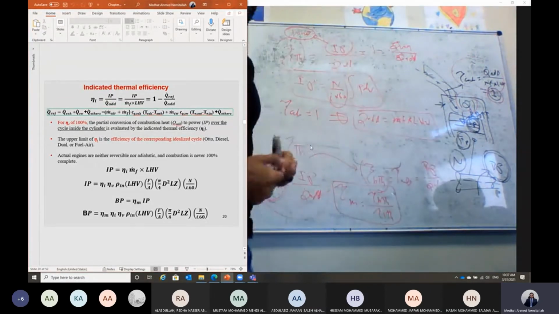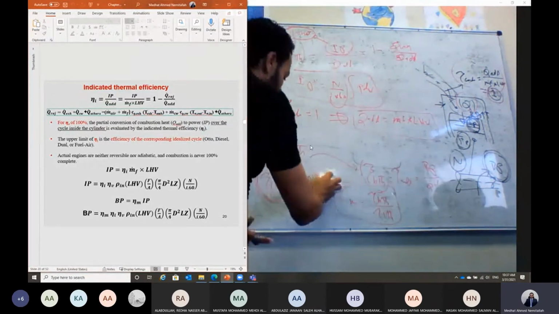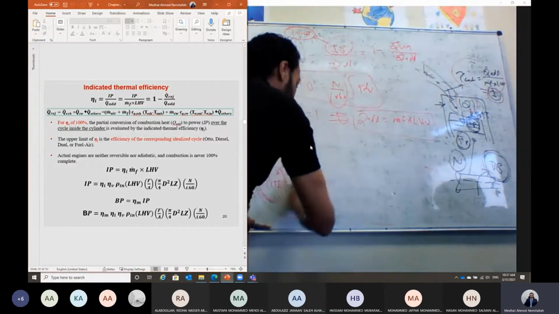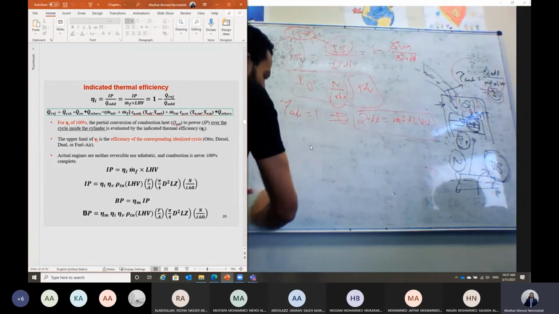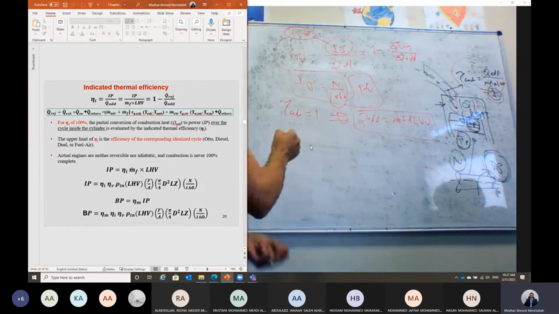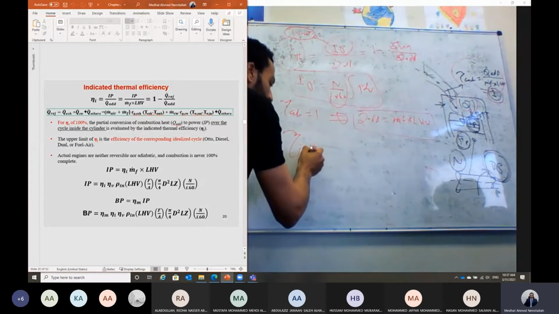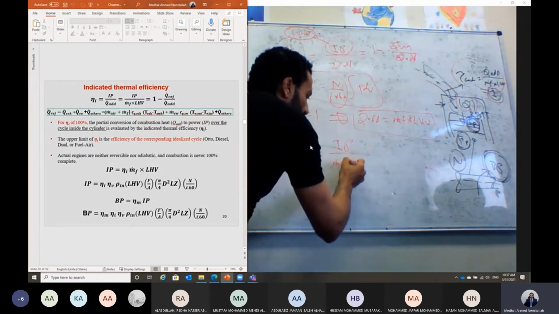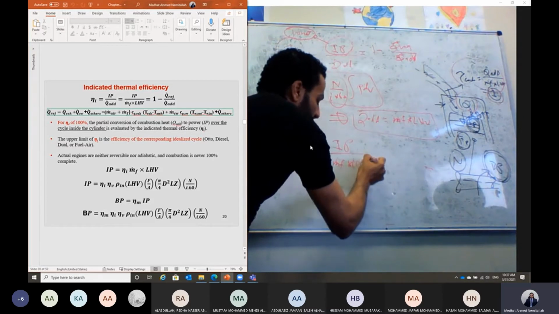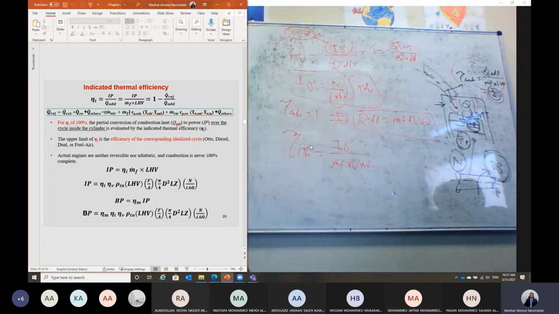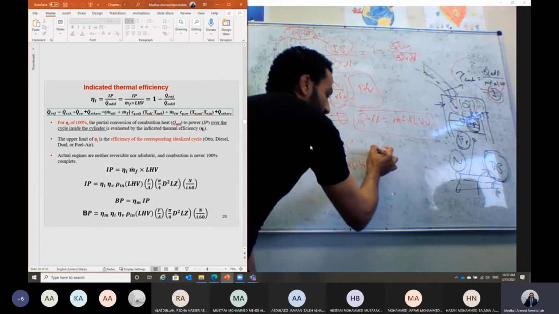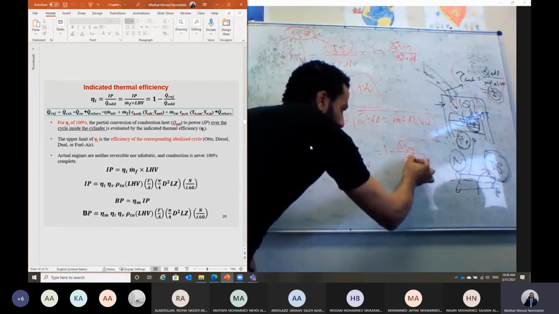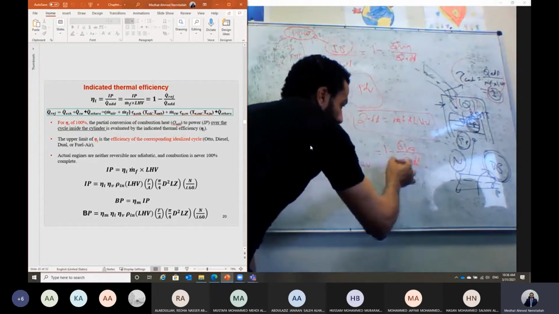Based on that, we can define eta indicated thermal as equal to the indicated power divided by m dot fuel multiplied by the lower heating value. And it is the same, equal to 1 minus Q dot rejected divided by Q dot added for this engine.